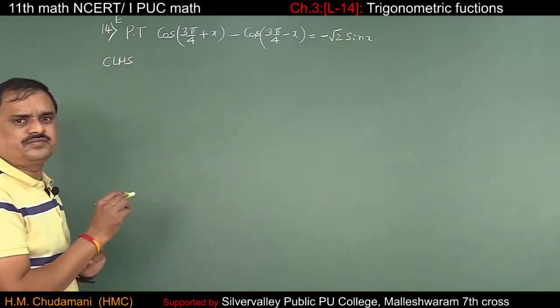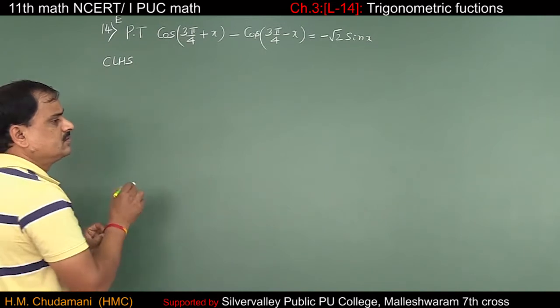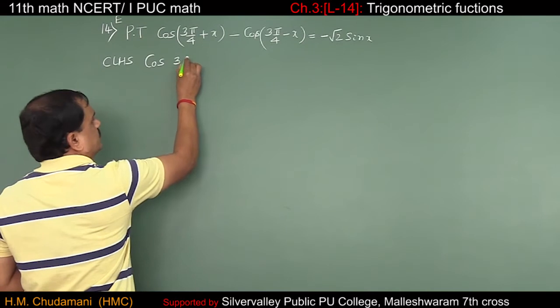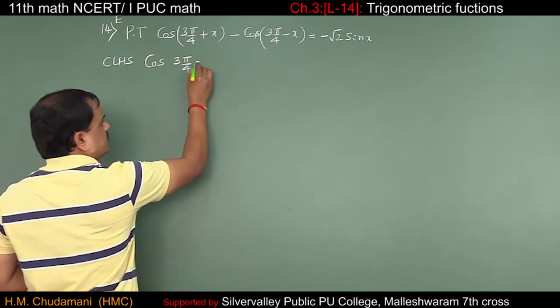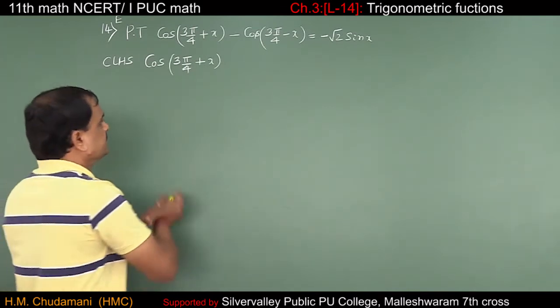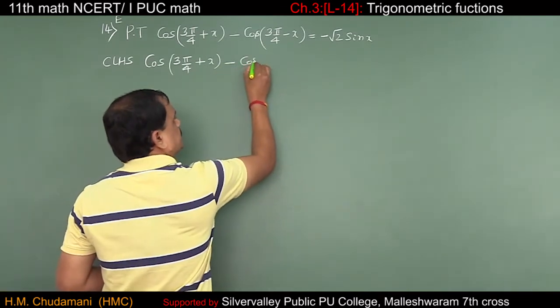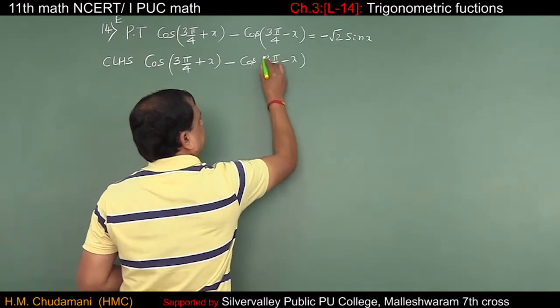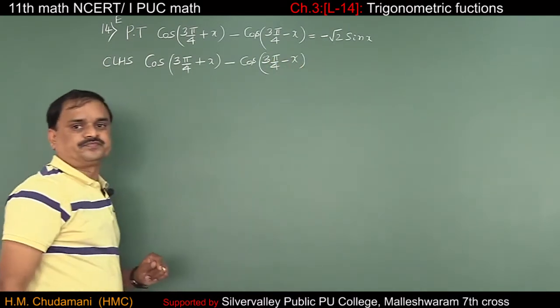So cos of a plus b, cos of 3 pi by 4 plus x, minus cos of 3 pi by 4 minus x. Okay.